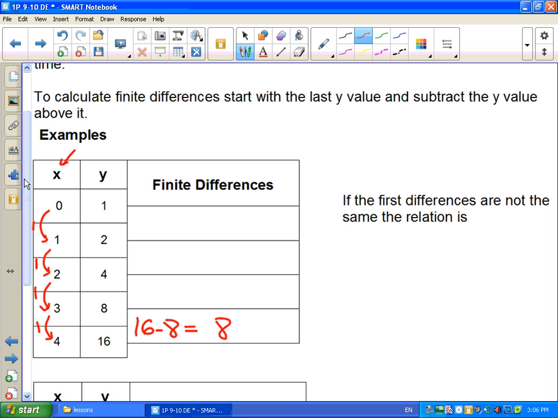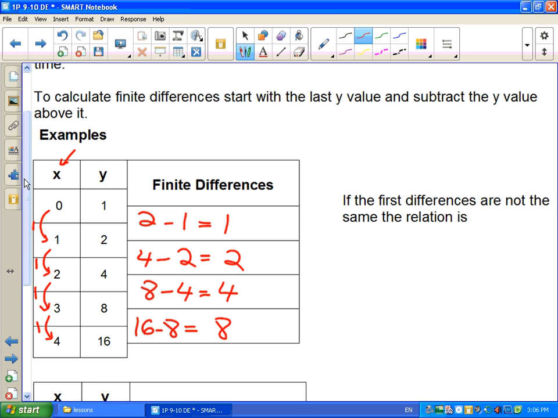So that's our first finite difference, or I guess our last finite difference. And then we're going to go to the y value above it, 8, and we're going to subtract the one above it. 8 minus 4 gives us 4. And we keep working our way up the table until we filled in all of these lines. 4 minus 2 equals 2. 2 minus 1 gives us 1.